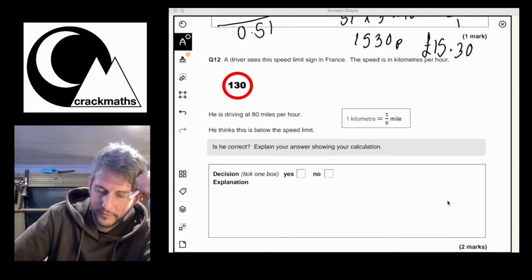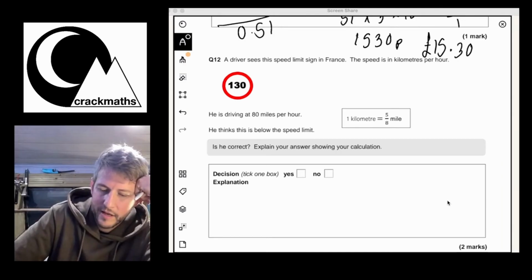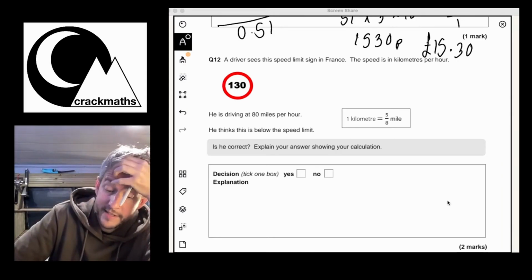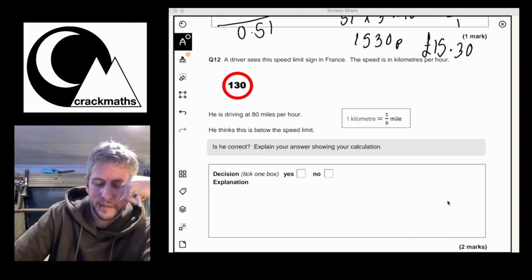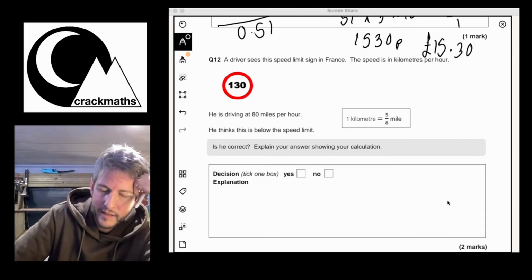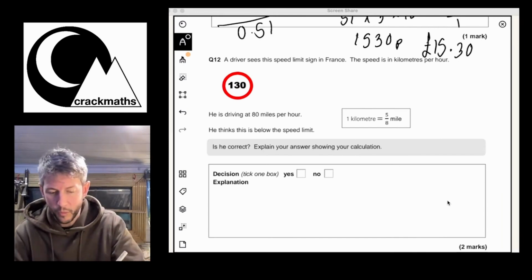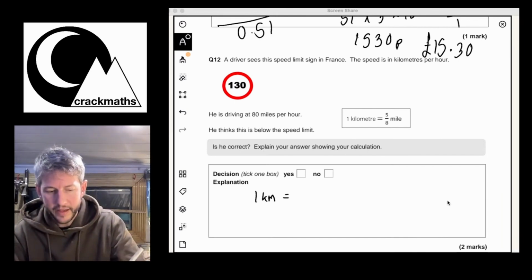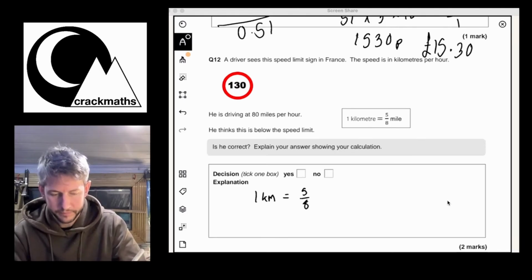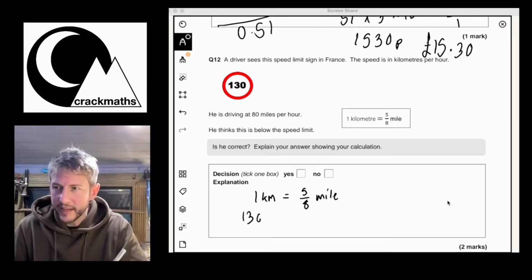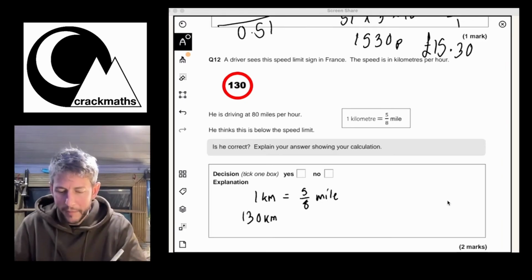Right. So, 1 kilometre is 5/8 of a mile. So we've got here 130 kilometres. Okay. So essentially this is a direct proportion question really. So we've got 1 km equals 5/8 of a mile. We want 130 kilometres to make the comparison.